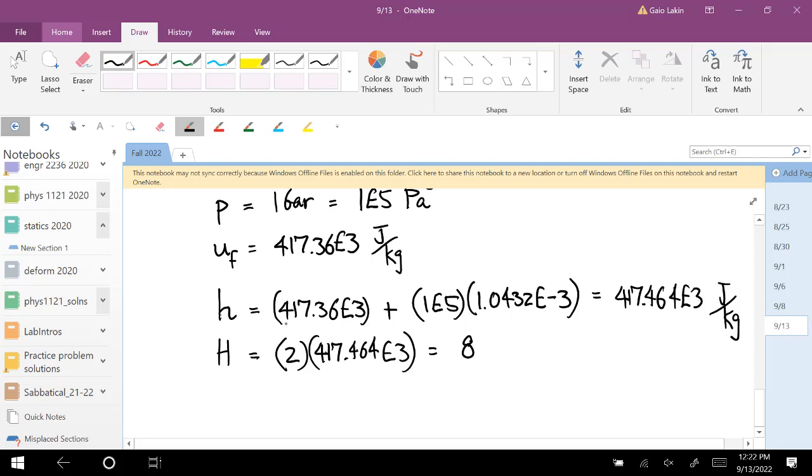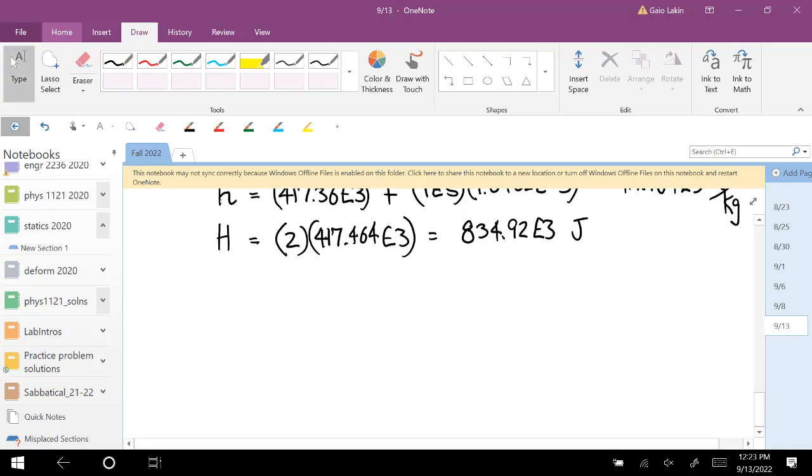Because it's 417 something. So it doesn't change it very much. Okay, I was just looking at my decimal places. So 834.92 times 10 to the third joules. In any material, any state, that's the definition of enthalpy.